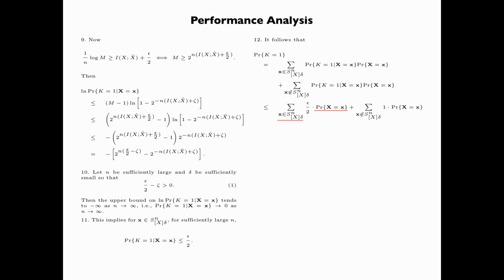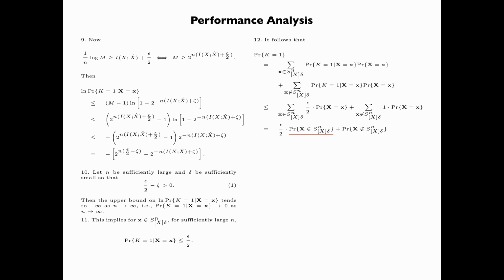The sum of the probability that X is equal to x over all x in the S set is simply the probability that the random source sequence is in the S set. And the summation of the probability of X equals x for all x not in the S set is simply the probability that the random source sequence X is not in the S set.